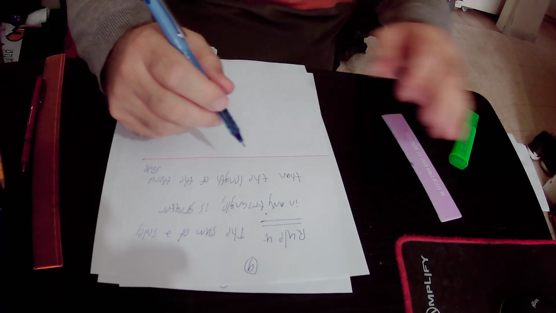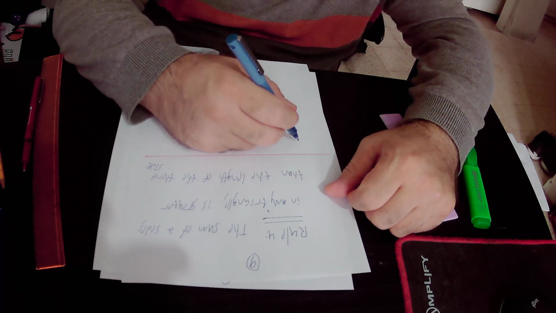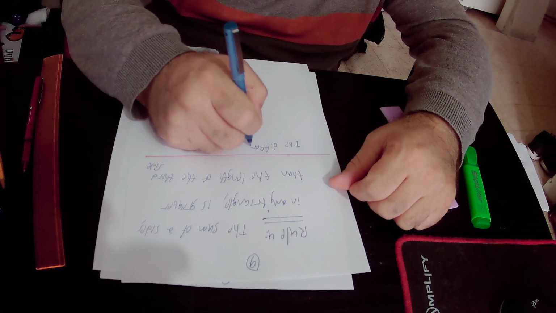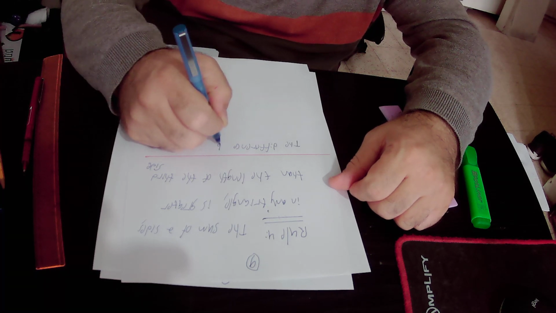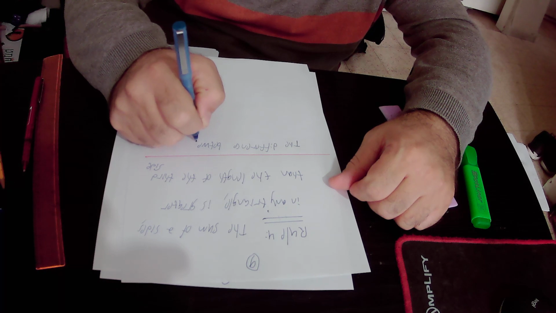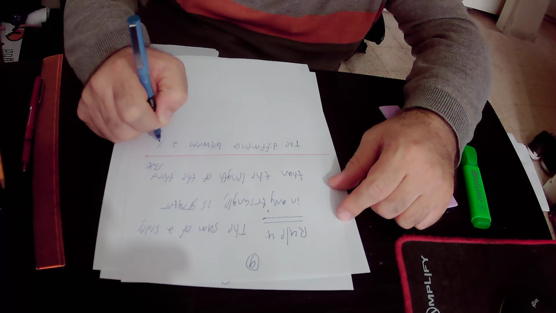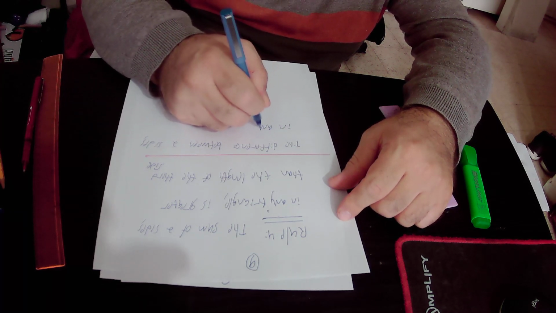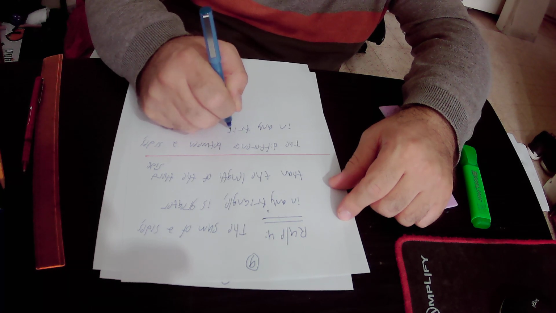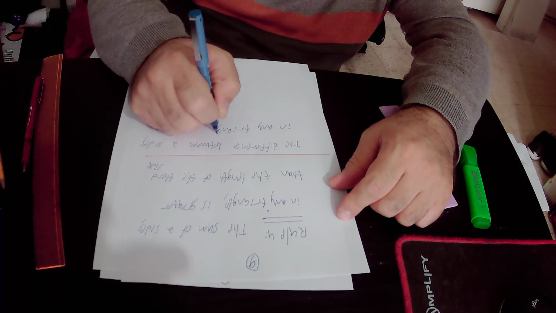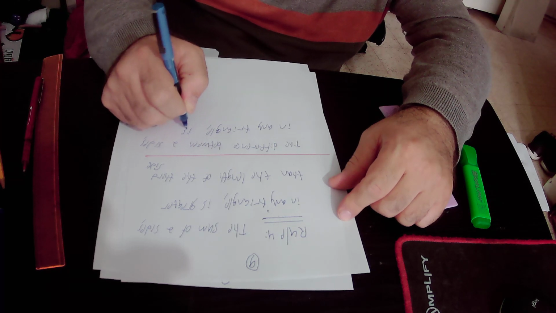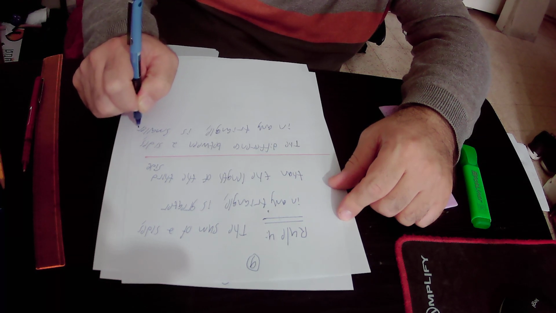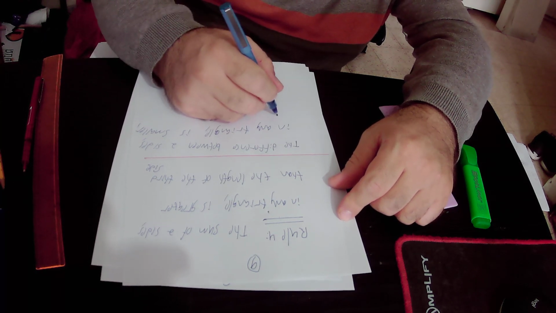the difference between two sides in any triangle is smaller than the length of the third side.